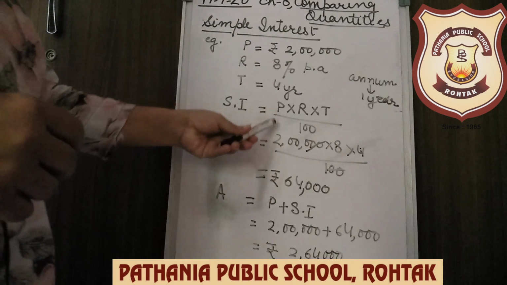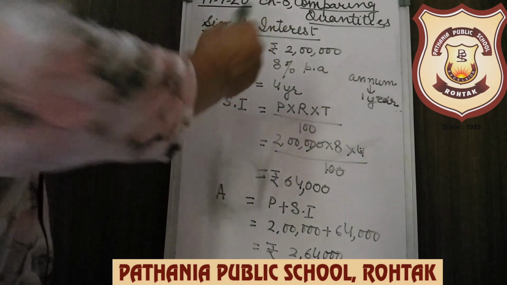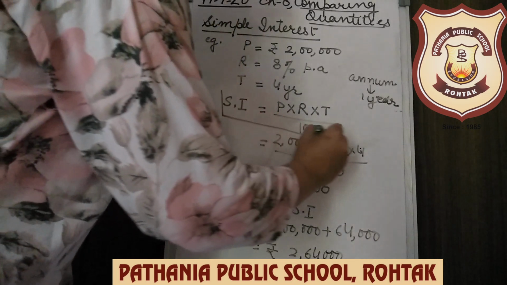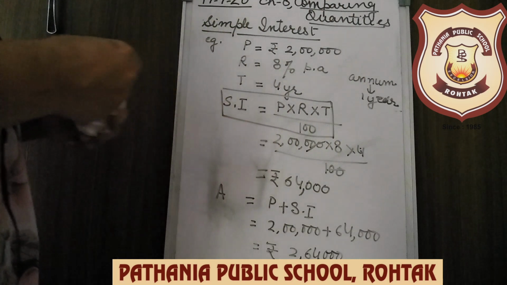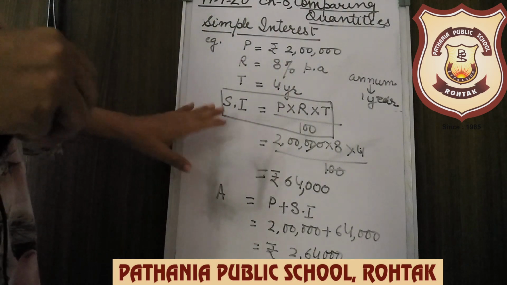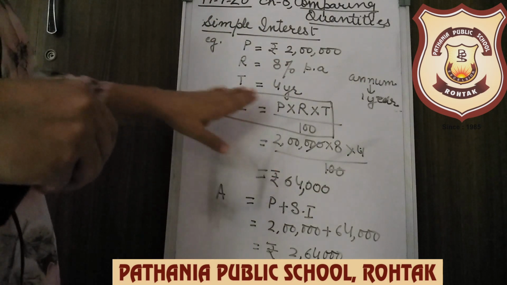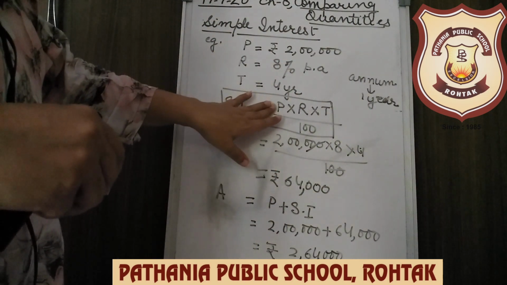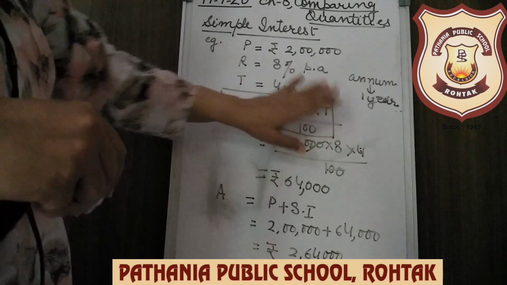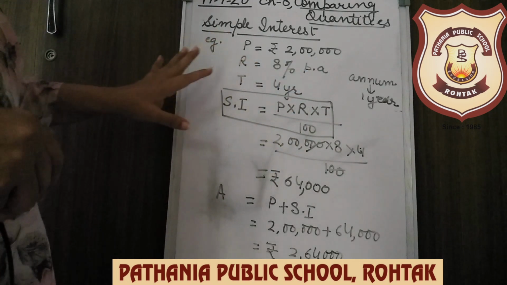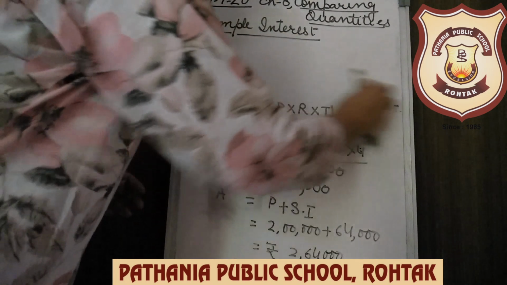So in this manner, if you know this formula of simple interest, you can calculate any of the things. From here you can calculate the amount by using this. You can calculate the principal also, you can calculate the rate also, you can calculate the time depending upon the condition. Now you can write the formula.